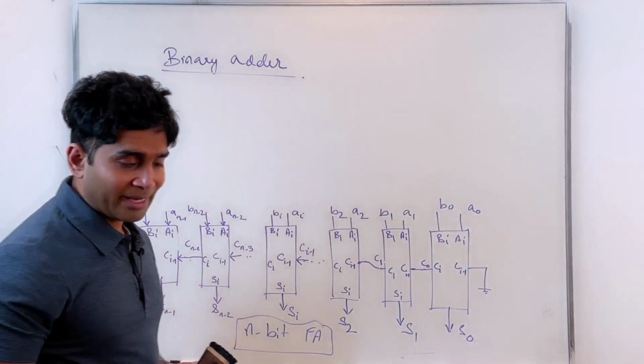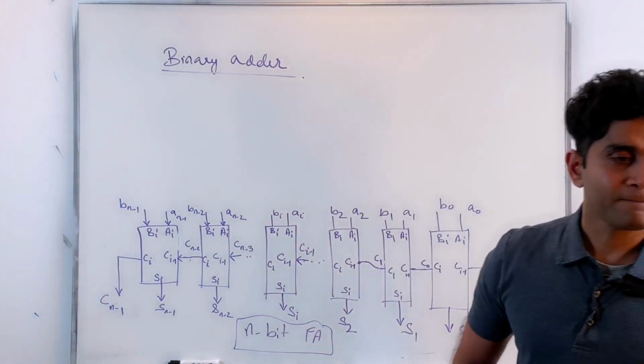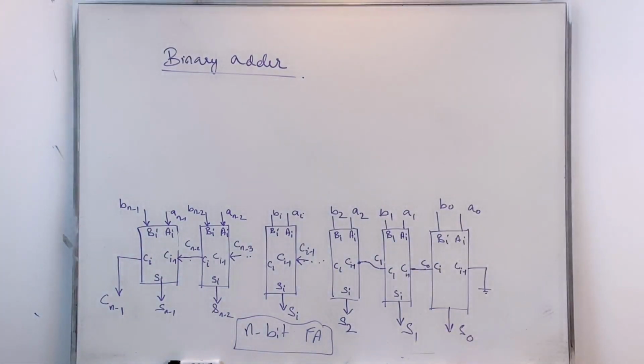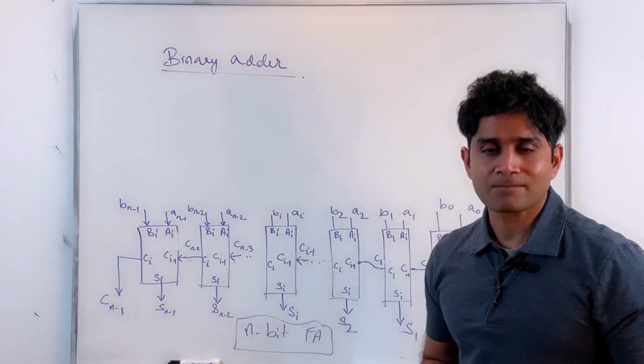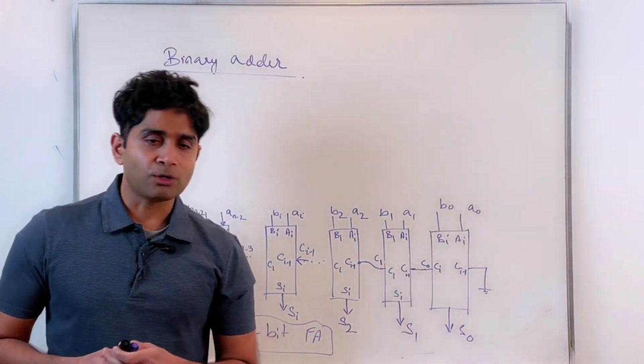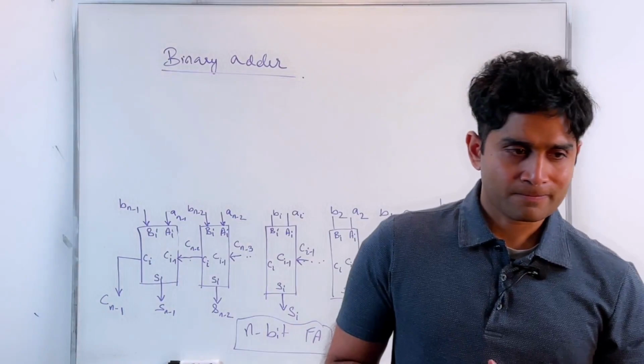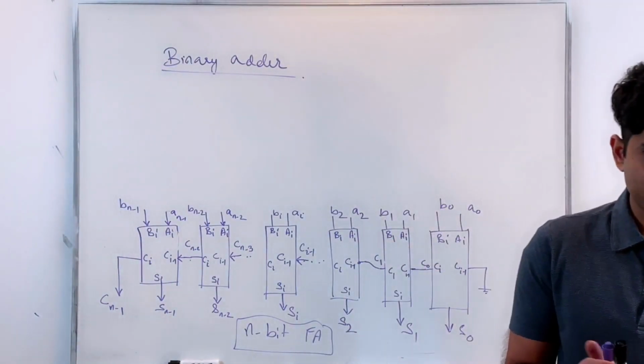Any ideas there? How do I convert that into a subtractor? The clue lies in the way we do the subtraction operations involving binary numbers. How do we do the subtraction operations?